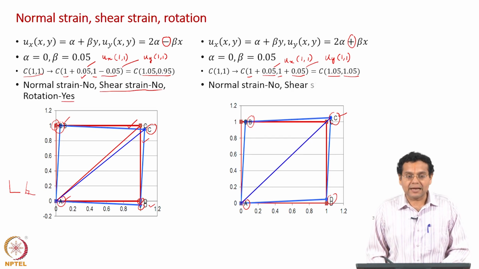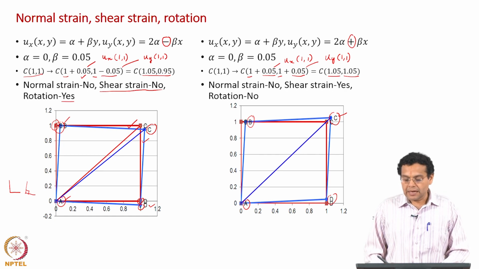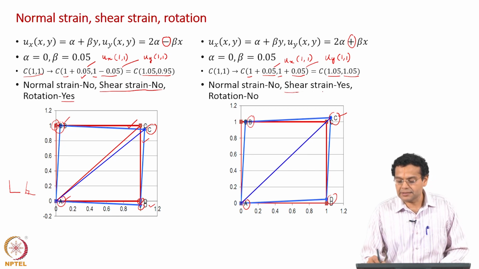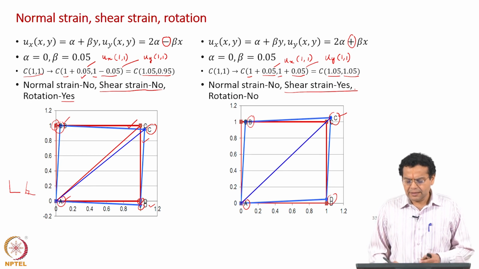Now, look at the angle BAD, the initial state 90 degrees. In the deformed state, angle BAD is a smaller angle, the angle has reduced, which means that there is shear strain. In this particular case, we said shear strain exists when there is a change in angle. So, because the angle is reduced, there is shear strain.